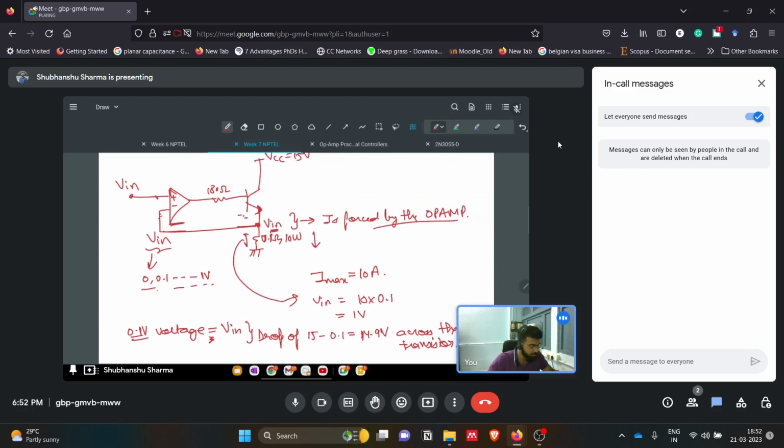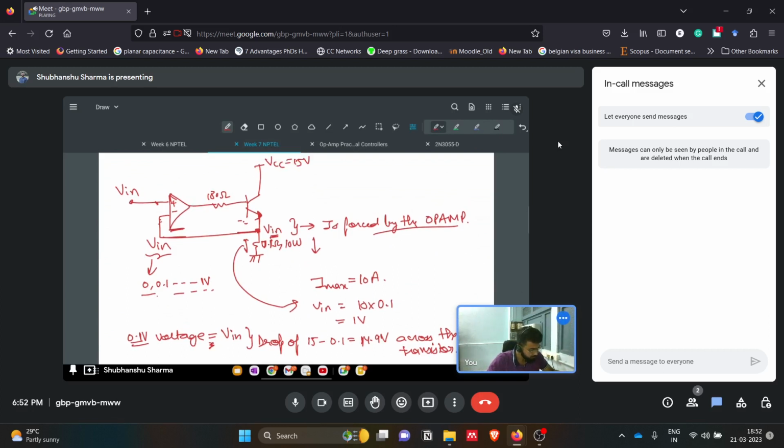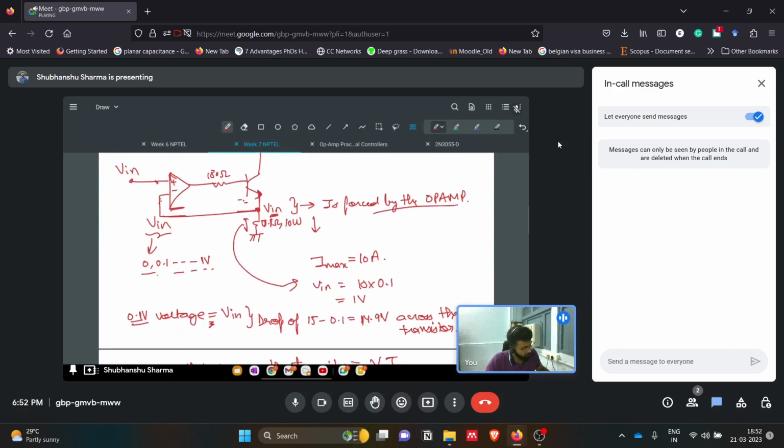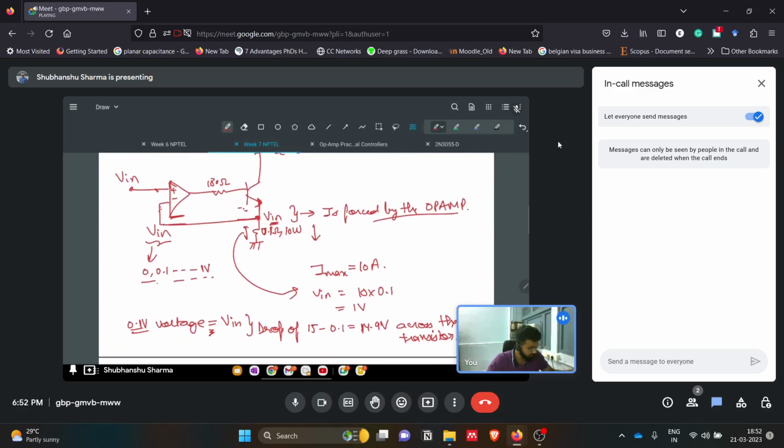Based on that, we can vary the emitter current through the resistor of 0.1 ohm. We knew that the maximum current which a transistor can handle was 10 amperes. So the maximum voltage which this emitter junction can go up to is 1 volt.